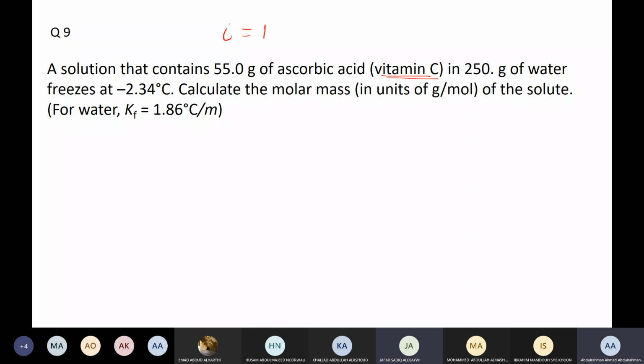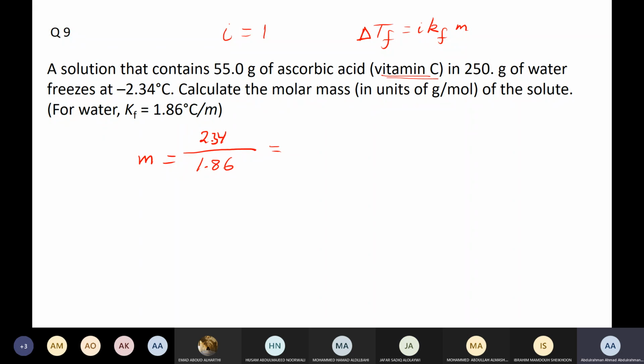Good. So, which law am I going to apply? Delta T freezing equals i times K freezing times molarity. I don't have to write i, but I can, no problem. So can you calculate molarity for me quickly? 2.34 divided by 1.86.